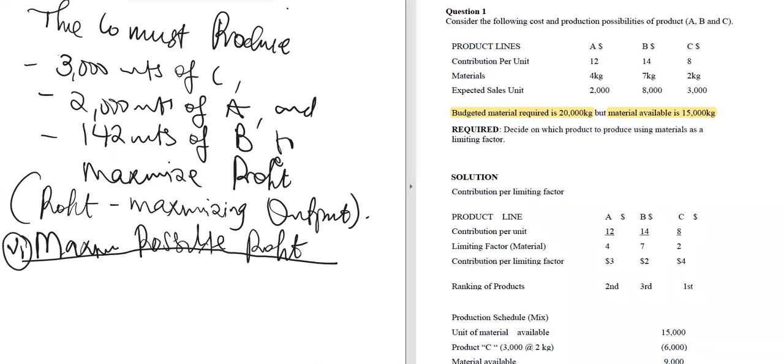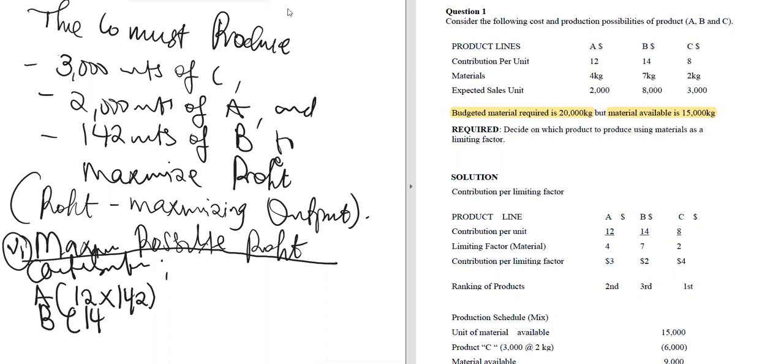So when I want my total contribution for each product, when I take product A, its contribution per unit was 12, and we were producing 2,000 units of A. Then product B, contribution was 14, and we are producing 142 units of B. For product C, we're making a contribution of 8, and we're producing 3,000 units.